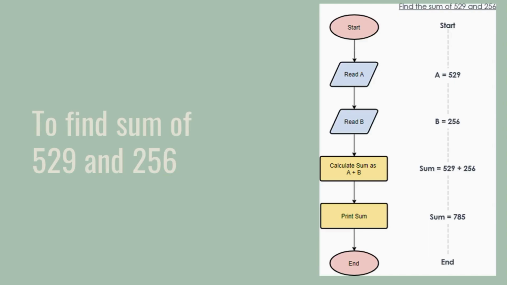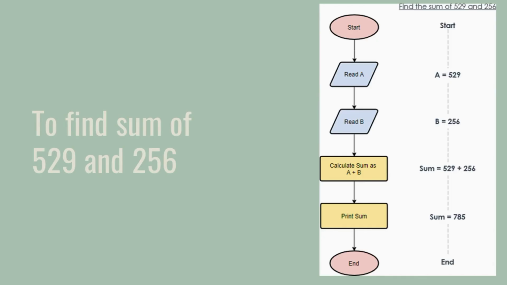Let's say I have to sum two numbers. Let's say 529 is A, 256 is B. I want to add these two numbers. What I do is I start the flow, I read A, I read B, I calculate. We calculate, that's why we have it in a rectangular box: A plus B, then we save it as sum and then print the sum.